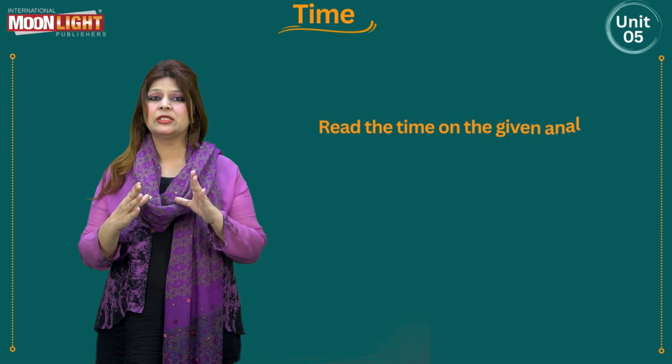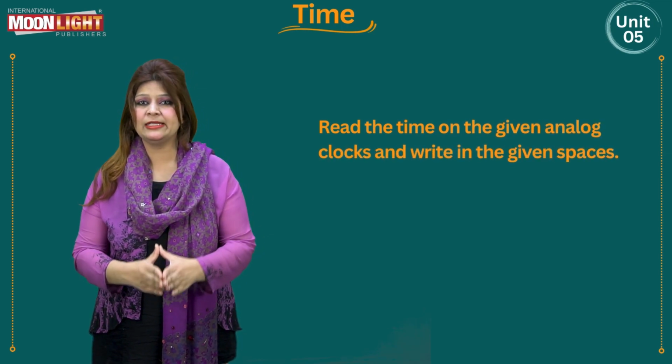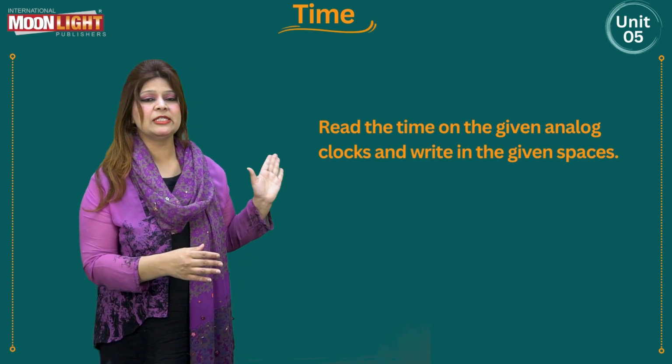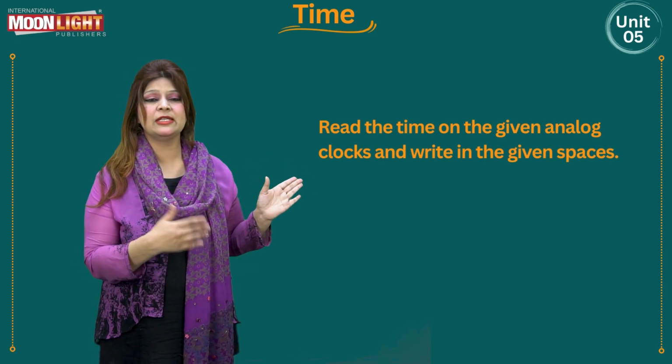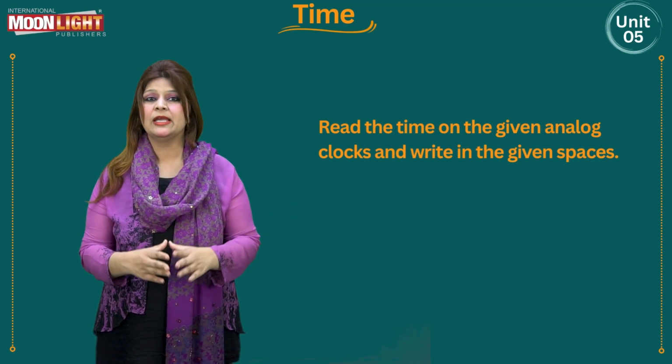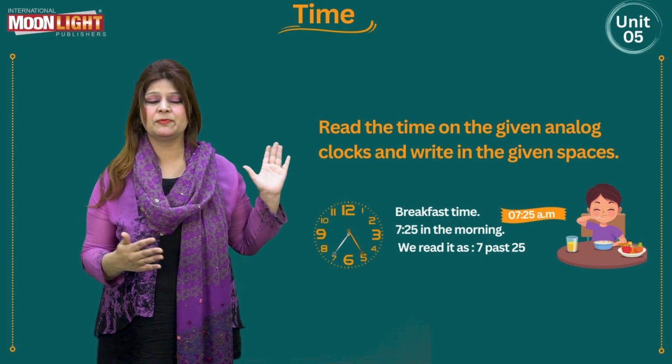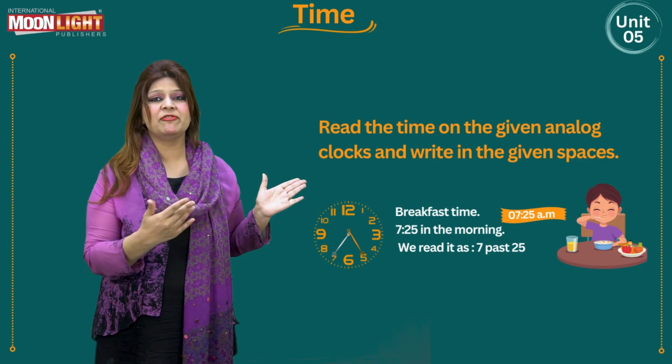The example statement is, read the time on the given analog clock and write the time in the given spaces. Check this one out. For part A, check from the picture what is going on. In this picture, the breakfast time is shown.